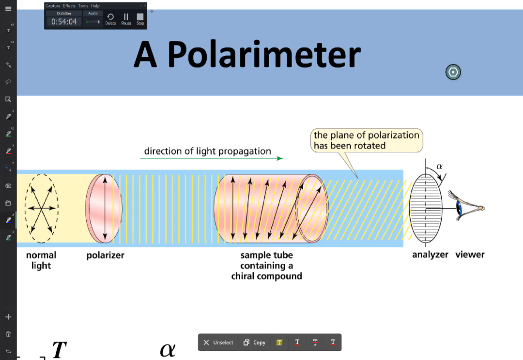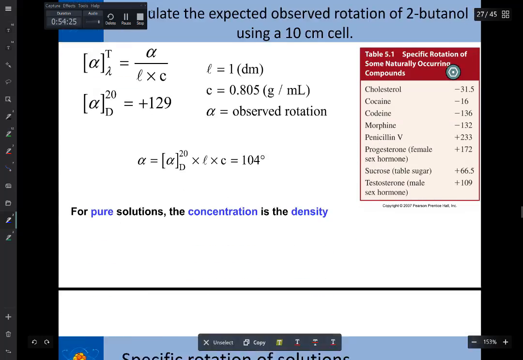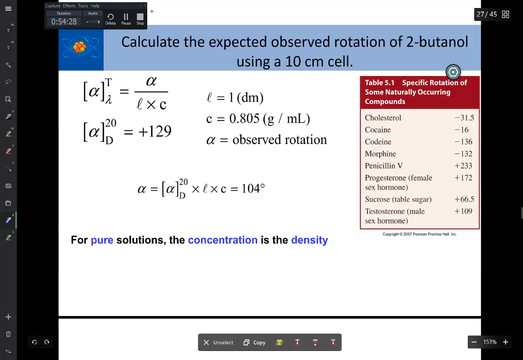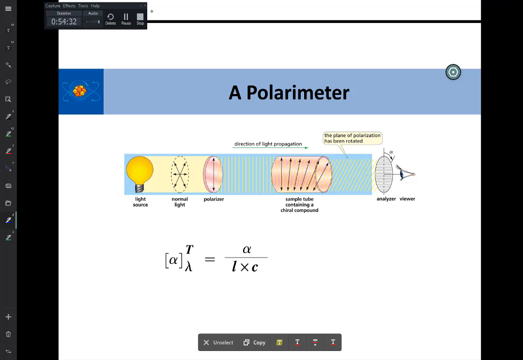And the angle of rotation, the alpha, the observed rotation, depends on a couple of different things. It depends on the specific rotation of the compound, that is, how much that compound intrinsically will turn light.